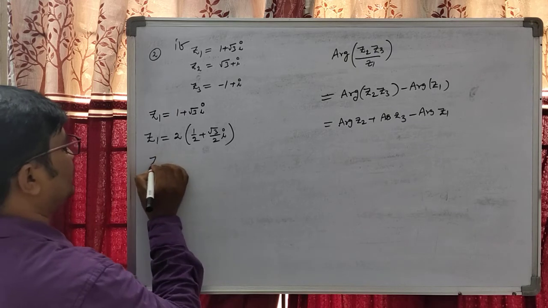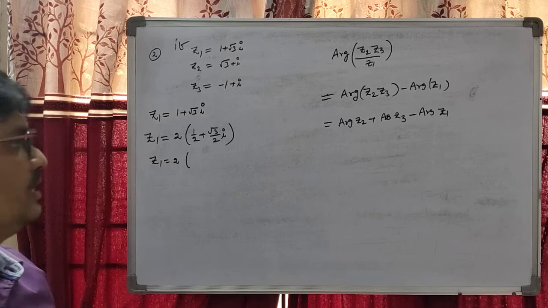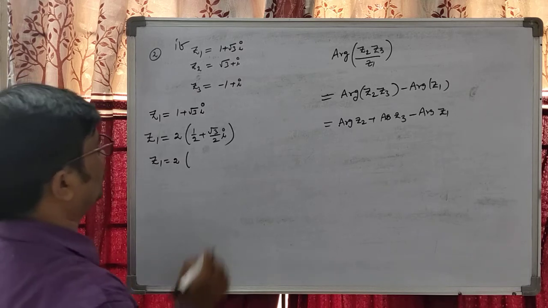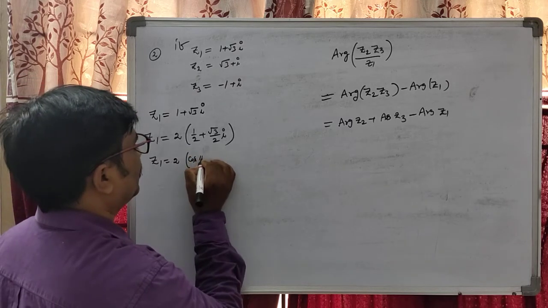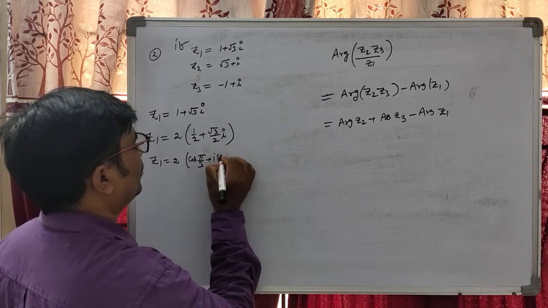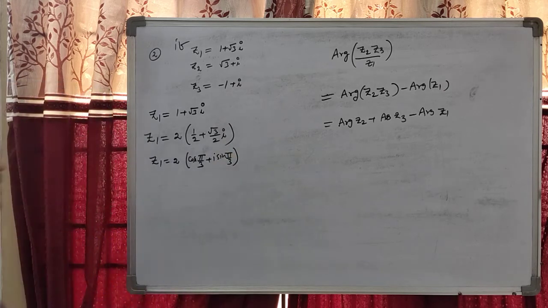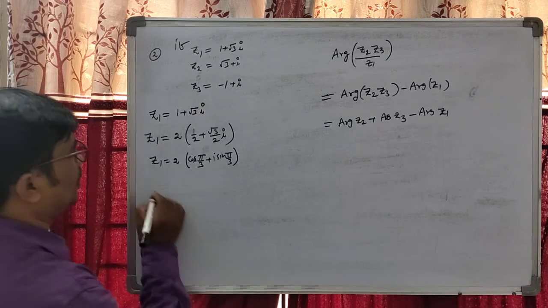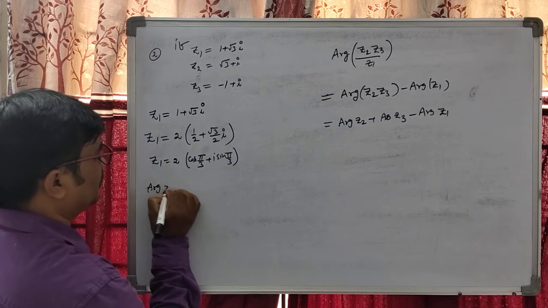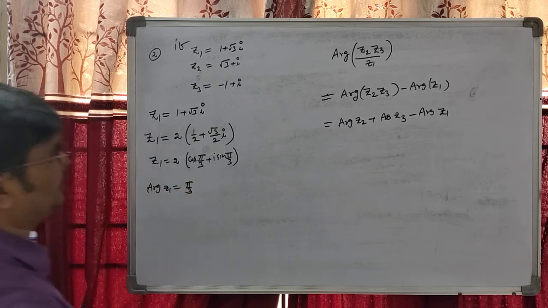How can you write this? 1 by 2 is the value of cos 60, and root 3 by 2 is sin 60, that is cos 60 plus i sin 60, that is pi by 3. So dear students, the argument of Z1 is pi by 3.